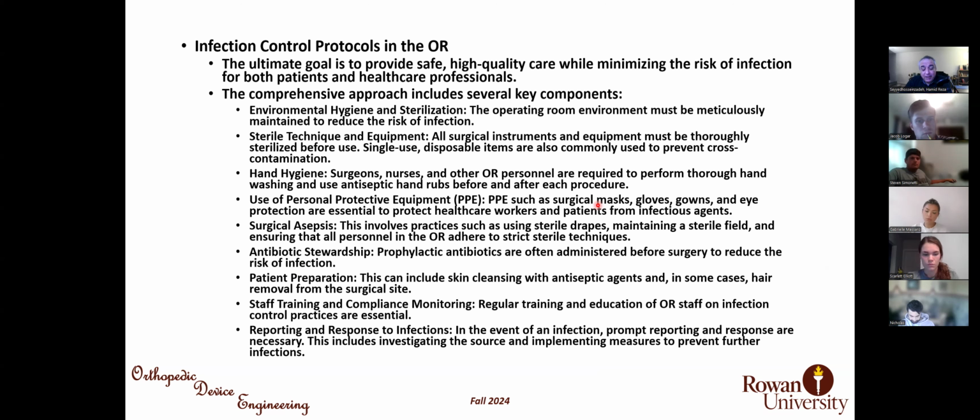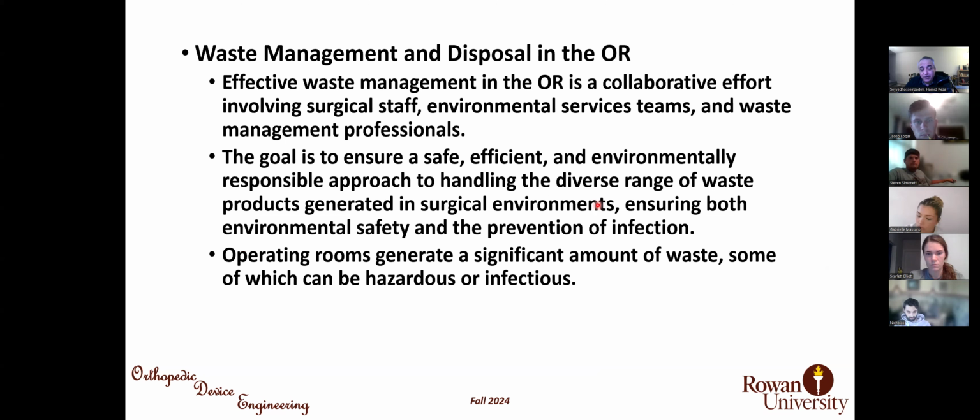And also, the people who work in the operating room must have continuous education. They must be familiar with the current rules, and if there is any update, they must be educated. Another aspect in the operating room is waste management, and the people must be familiar with the waste.